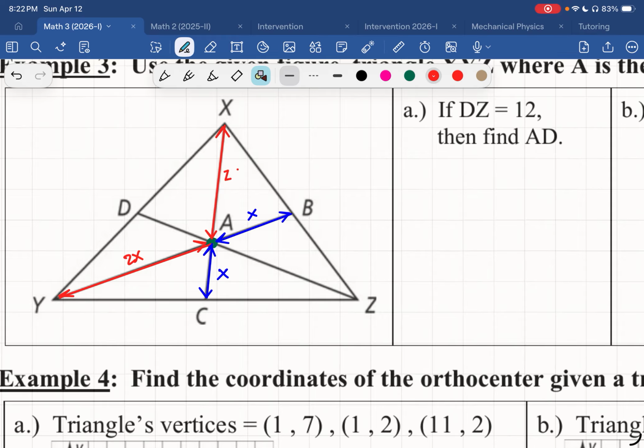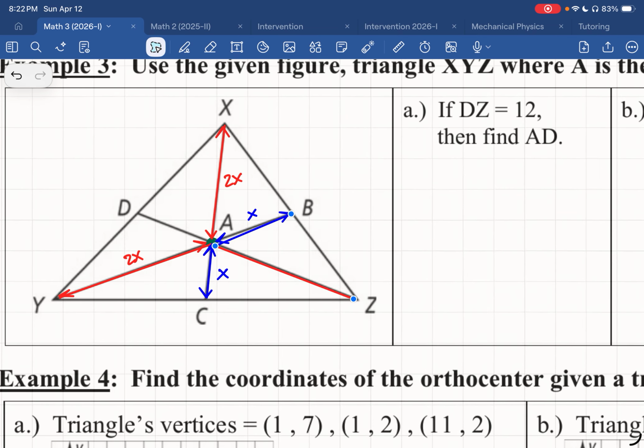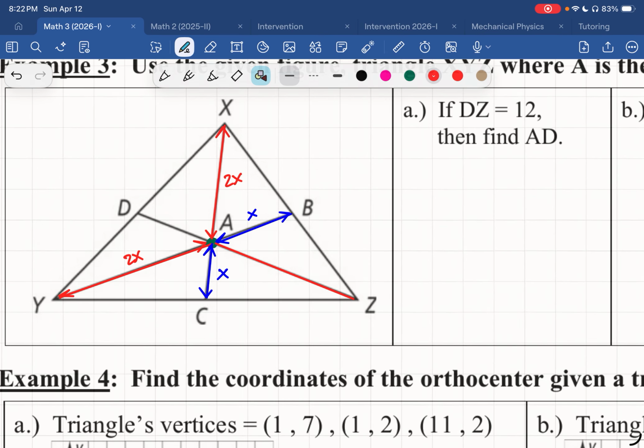This one is 2x, right? And the last one is exactly the same thing. So let's go ahead and do this one. This is the large one. So this is 2x, and this is x, right?